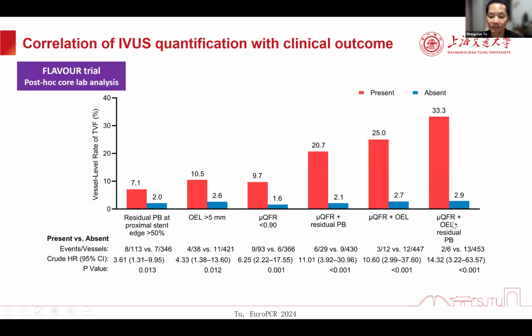This is a surprising result because initially we thought underexpansion would also have a strong impact, but it turned out that overexpansion, if it's long, increases adverse events. This may be explained by over-dilation injuring the media, which then causes more restenosis in the end.